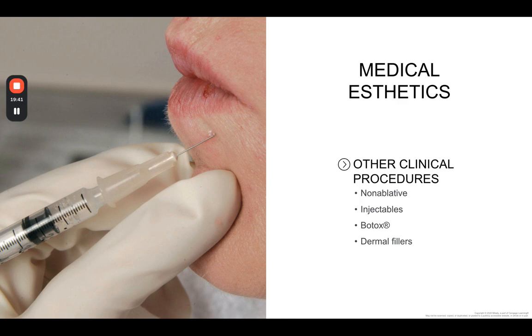And then Botox is a little bit different. So Botox is a neurotoxin that, I don't want to say it paralyzes your muscles, but it blocks certain nerves, so it makes certain muscles not work. So, for example, if a person has wrinkles in their forehead because they frown a lot, or when they frown, they get those wrinkles.